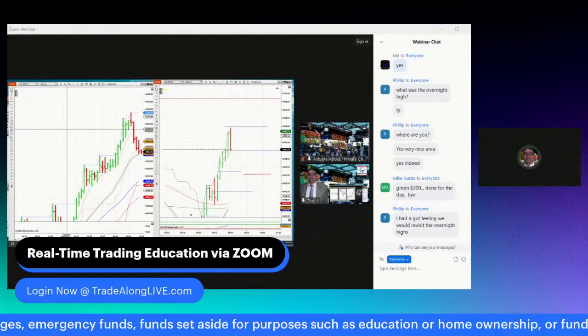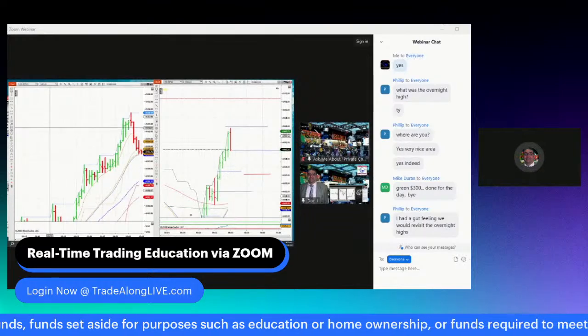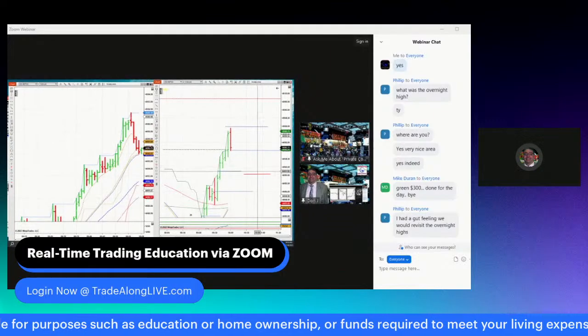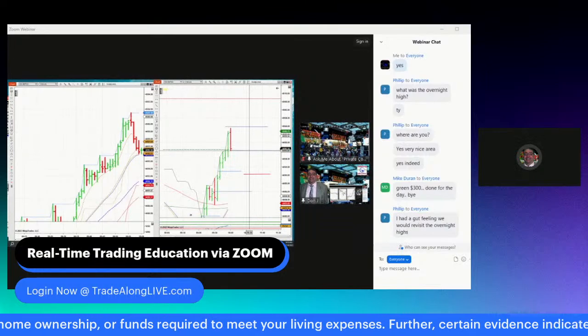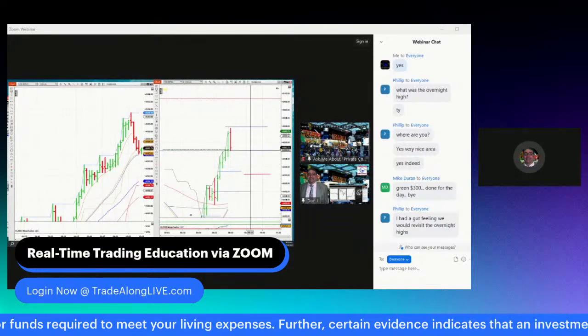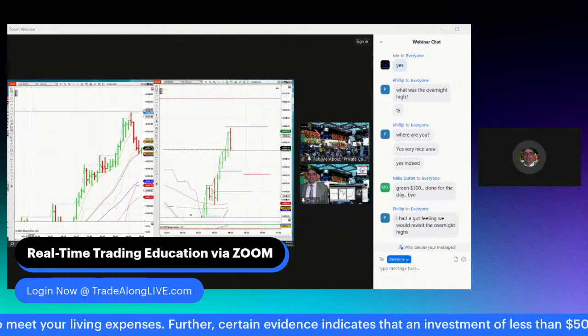I'd like to see it rotate all the way back to the 90 area, all the way into this zone here, but it doesn't have to. We've got a little support there. We're just going to have to break it.